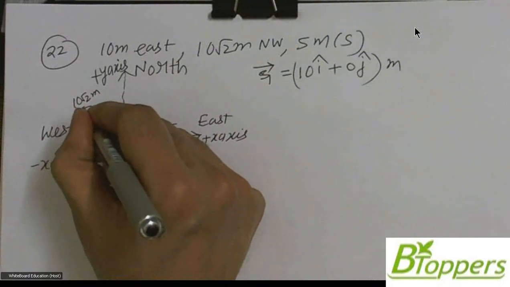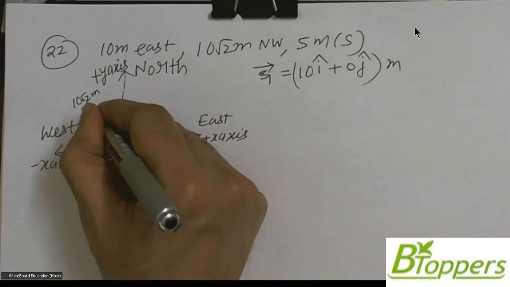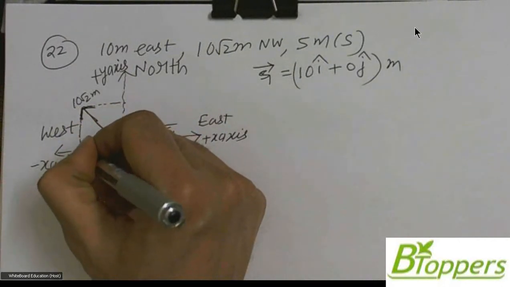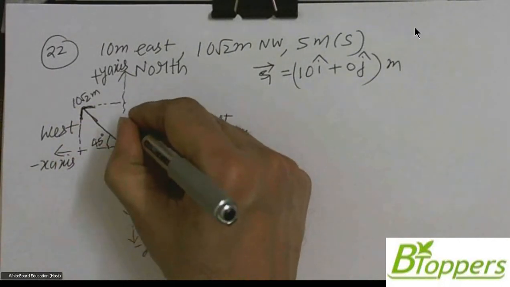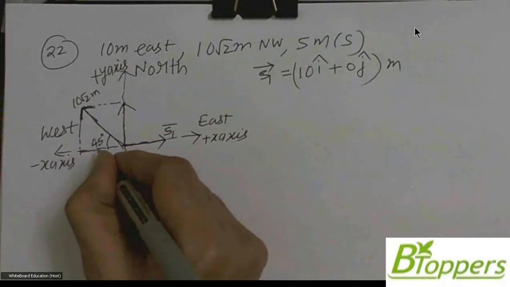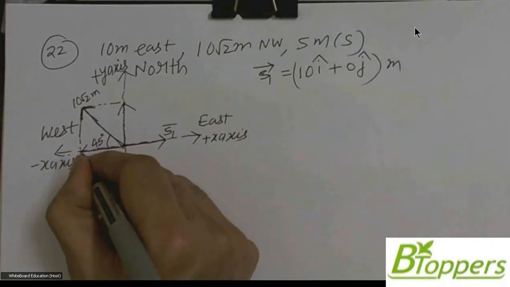You can resolve this second displacement vector into rectangular components towards north and west directions.